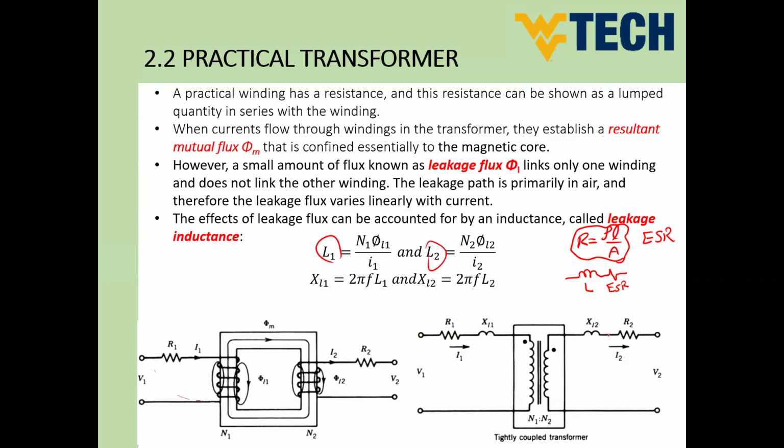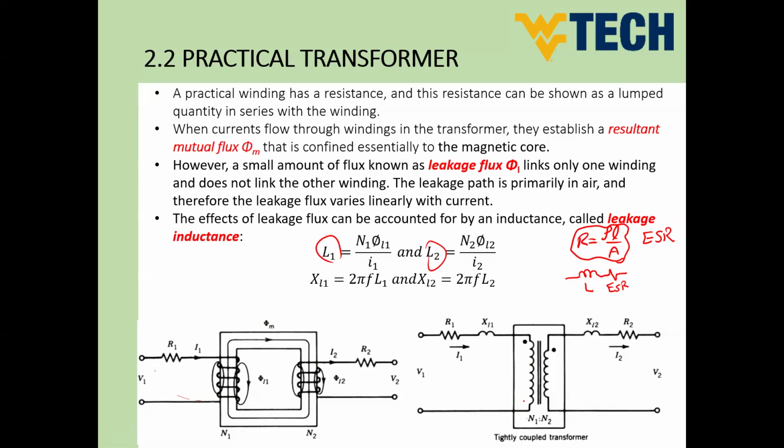And for the secondary coil, we would have the same. So we have the leakage inductance and the equivalent series resistance of the secondary side. And the part in between here, guys, which represents the magnetic coupling between the primary and the secondary, is nothing but an ideal transformer.